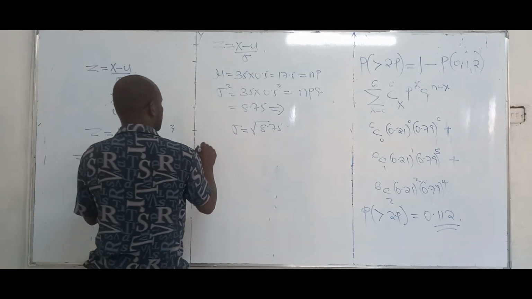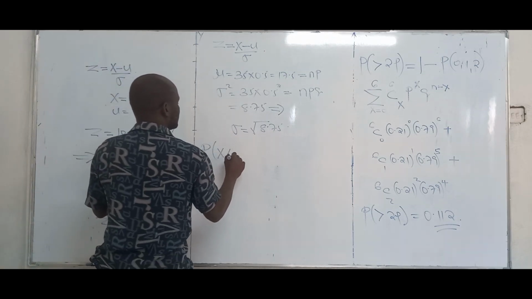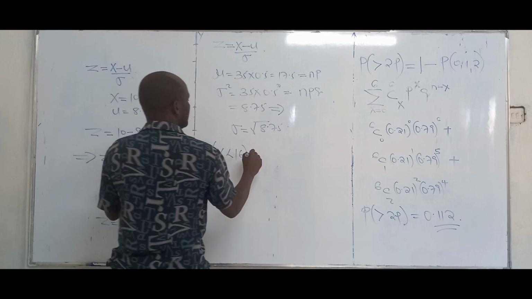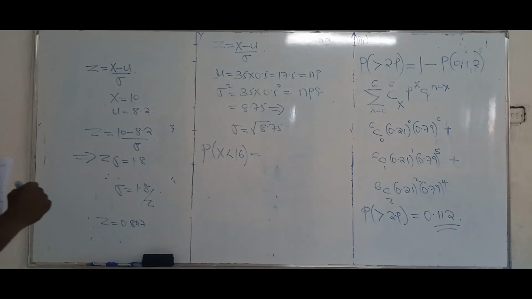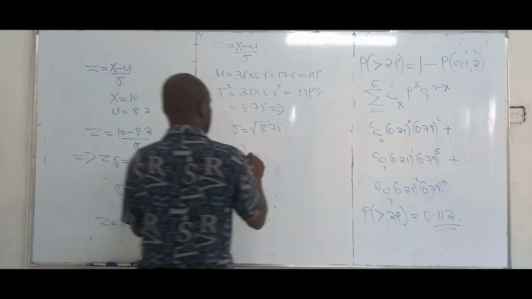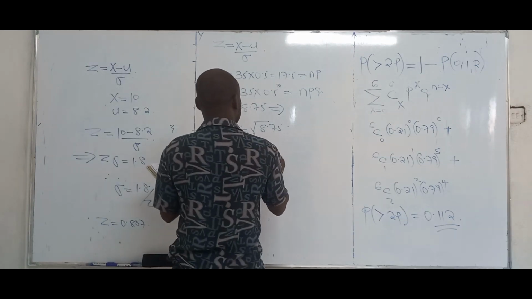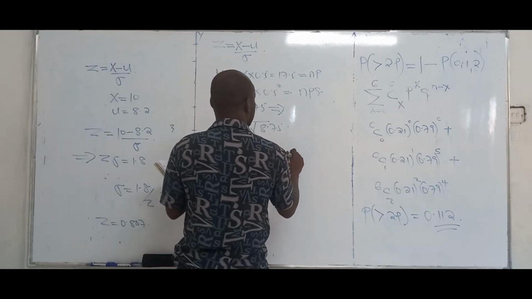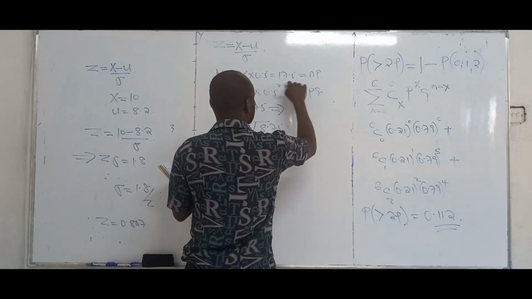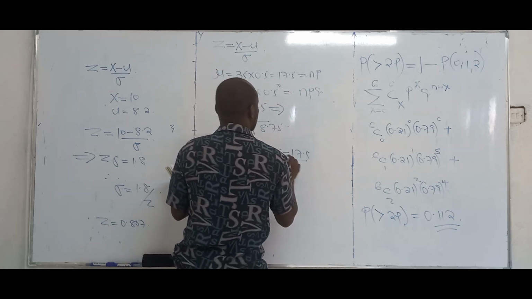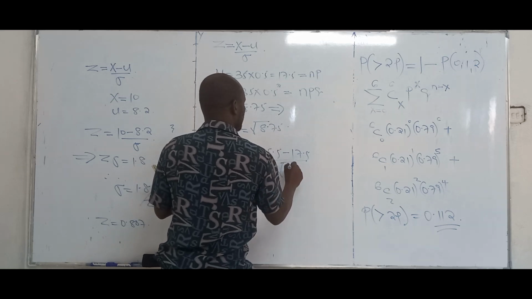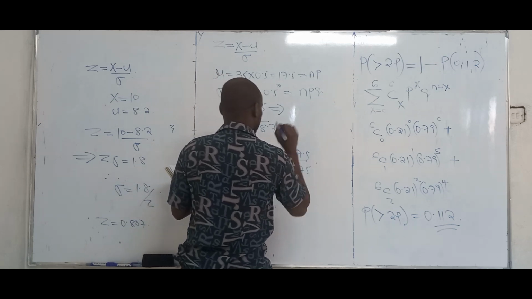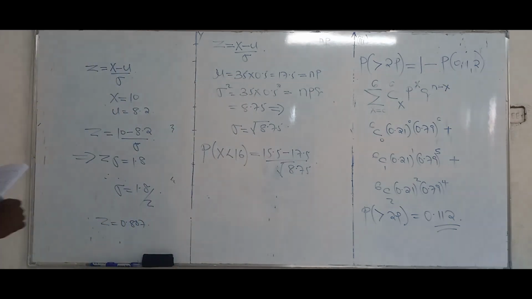Now, we are asked the probability that x is less than 16. We then need to define the boundary of 16, because it's not touching 16. That we can say is 15.5 minus 17.5, which is the mean mu, divided by the root of 8.75.